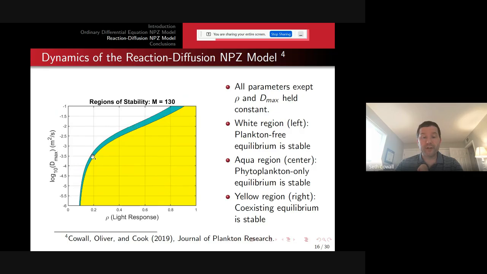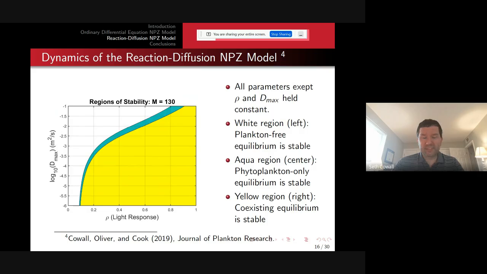We have conditions that can sustain a phytoplankton population, but not enough for the zooplankton. But if we make the conditions more ideal for the phytoplankton, get somewhere into this range, then we can have a coexisting equilibrium that both exists and is stable.